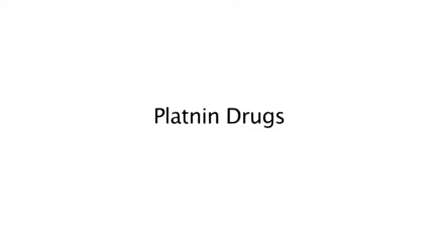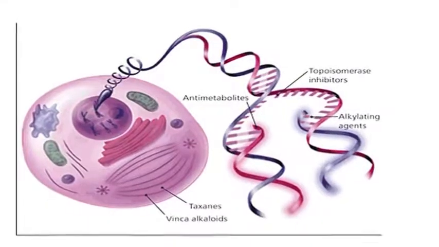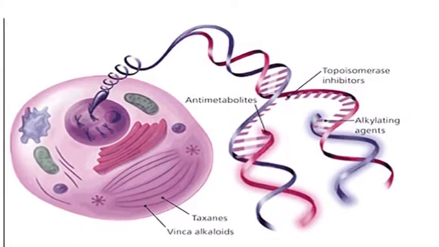There's another class called platinum drugs, and the platinum drugs and the alkylating agents act almost in the same way by killing off the genetic material inside the cell, essentially the DNA, and by killing that off, it interferes with that cell's ability to replicate itself, so it tends to die off. An example of a platinum drug would be a drug called cisplatin.